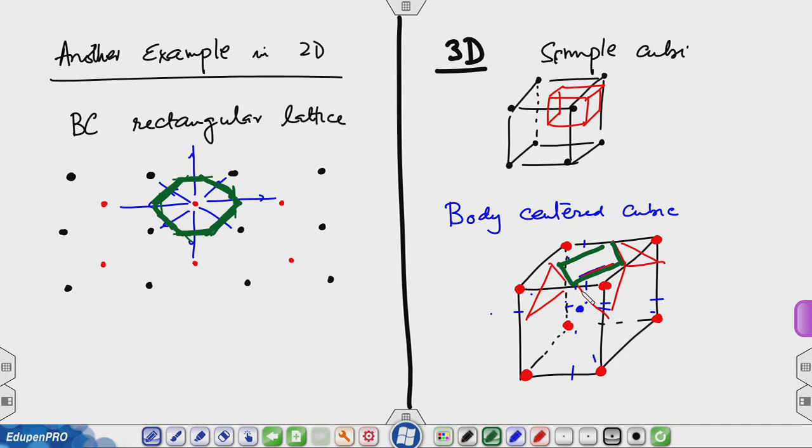And on these surfaces you are going to get a hexagon. On the back side you are going to get a hexagon for all these lines which are perpendicular to the diagonals.